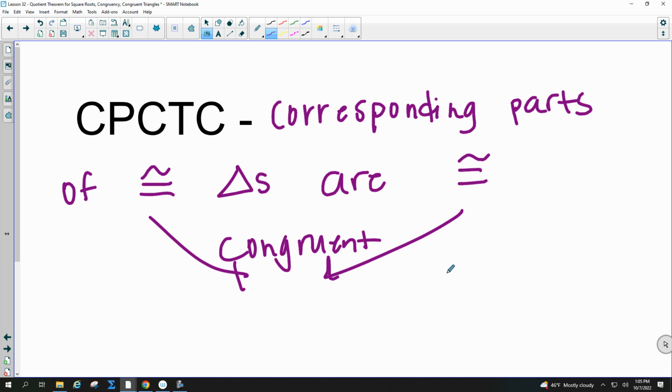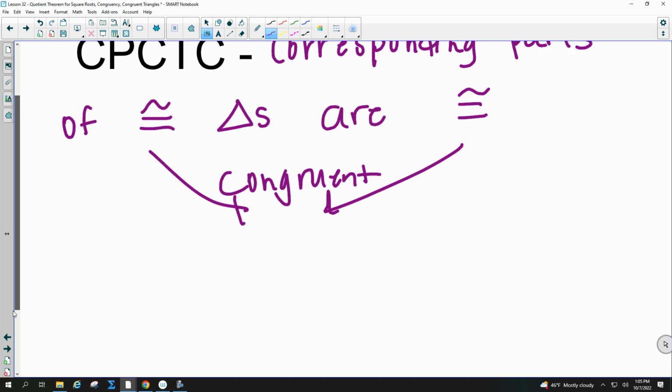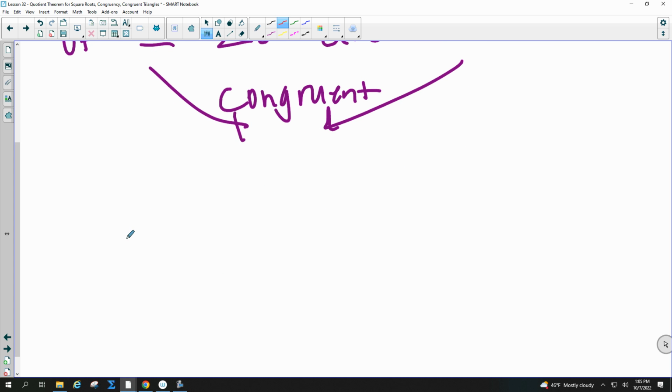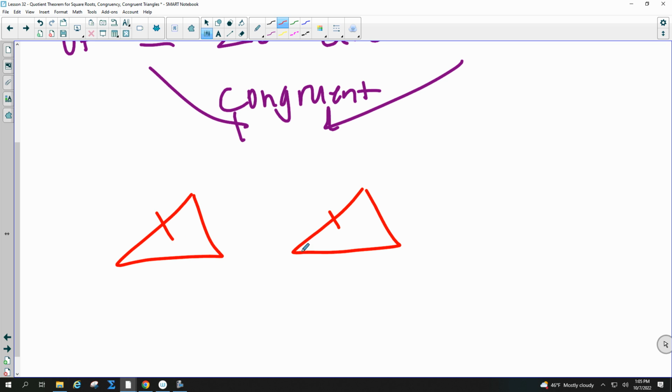How many times is the word congruent in there? Twice. There are 3 C's, but the first one is corresponding. All right. What does this mean, you guys? What does this mean? Corresponding parts of congruent triangles are congruent. Let's say that I know these 2 triangles are congruent. And let's just say it's marked like this, where I know only this, right?